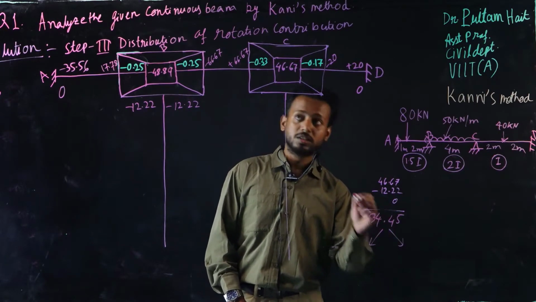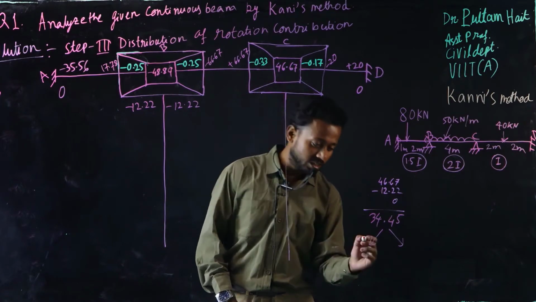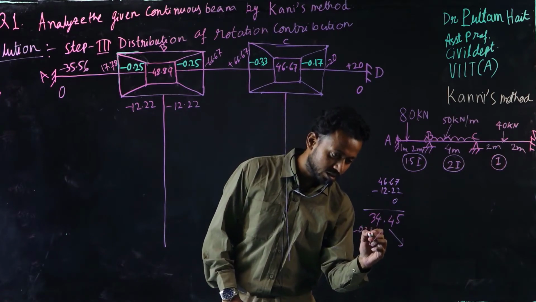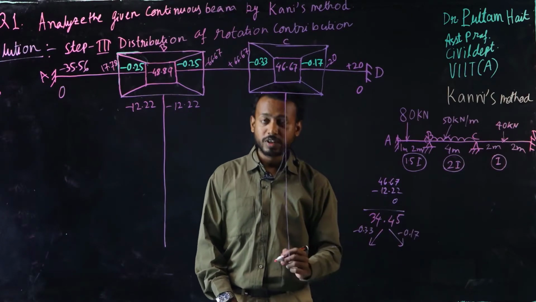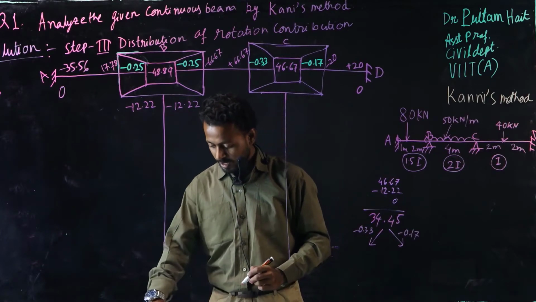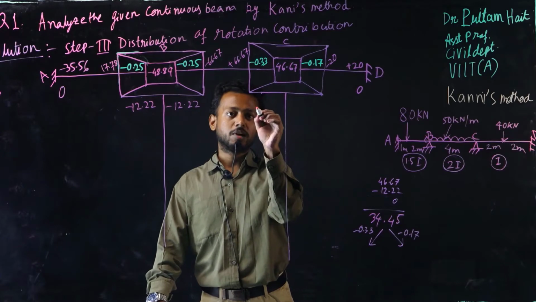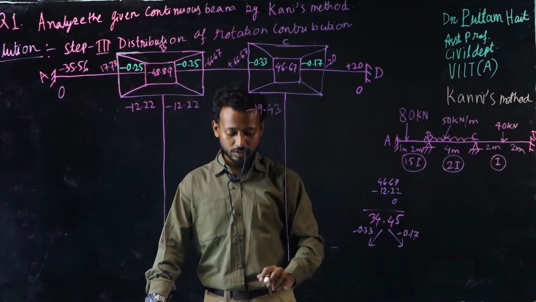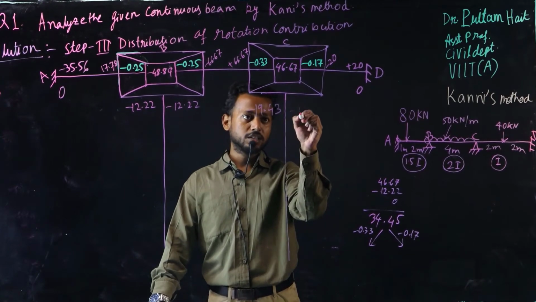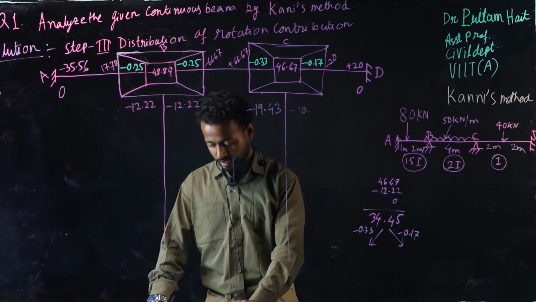Multiply with this factor, minus 0.33 and minus 0.17. You will get 19.43 minus 19.43 here and minus 10.01 here. Okay.